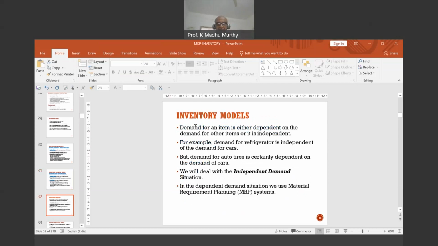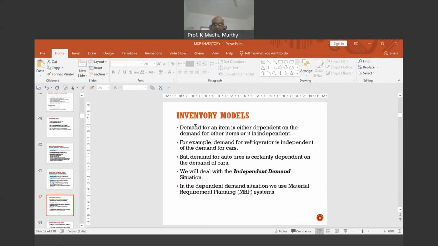Well, we will be talking about independent demand. And the models that we have would consist of demand for an item that is either dependent or independent. So we said we are interested in independent demand.